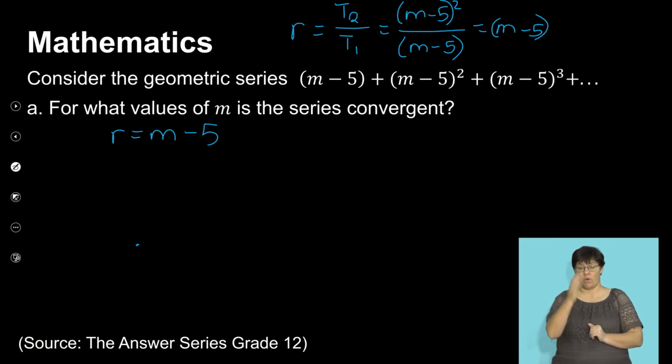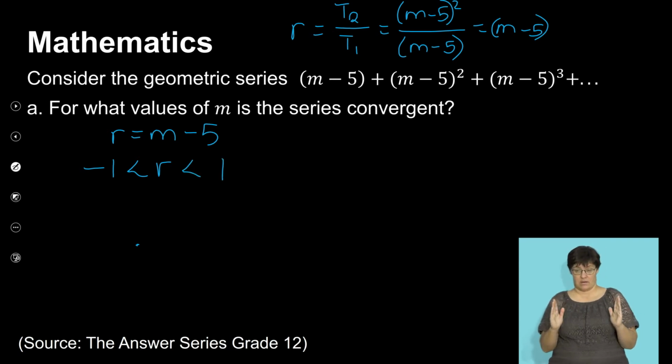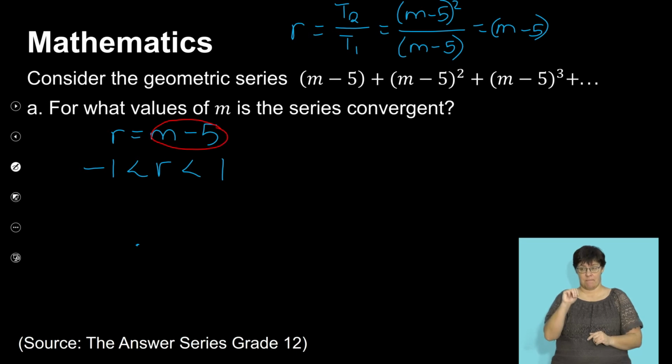But I know that for the series to be convergent, the ratio has to lie between −1 and 1. So I'm going to substitute my ratio into this middle portion so that I can isolate the values of m for which this series will be convergent.